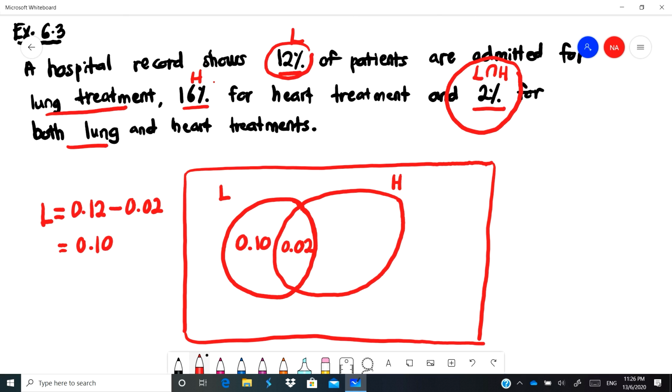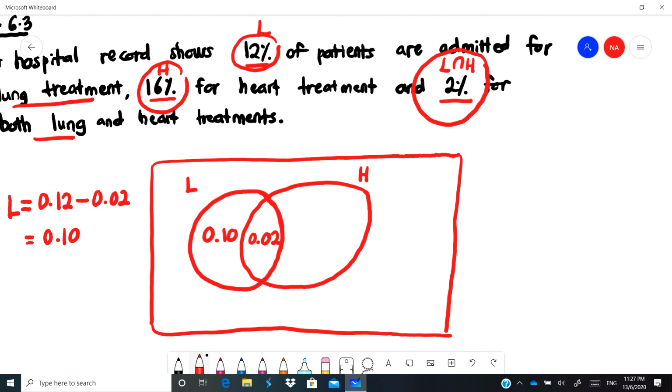And then for heart, the whole thing here is 0.16, so what about only this part? What we need to do is subtract 0.02 from 0.16. So for heart, you subtract 0.02 from 0.16, and the rest will be 0.14.